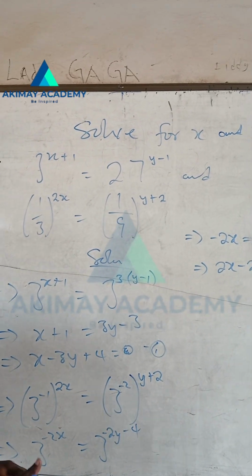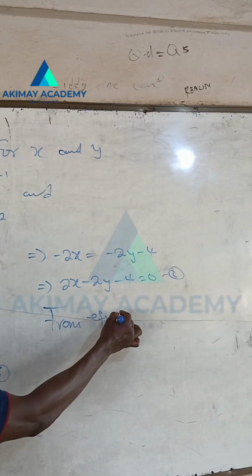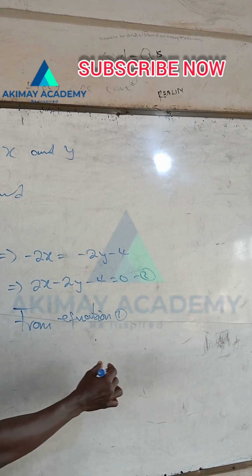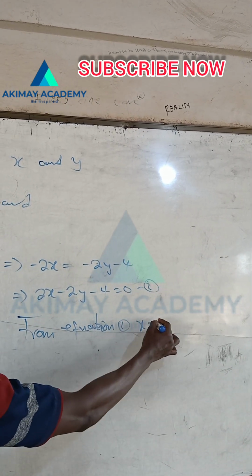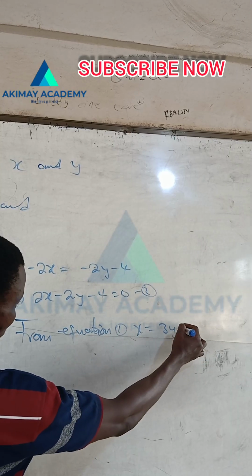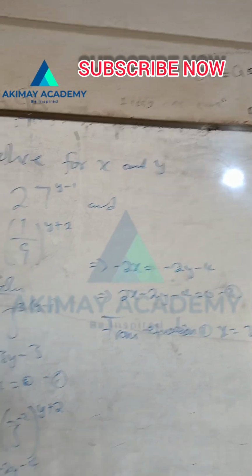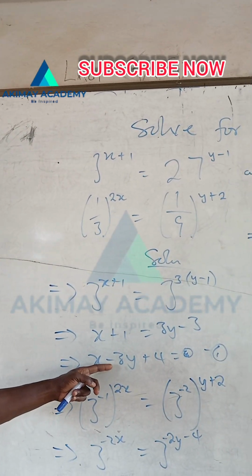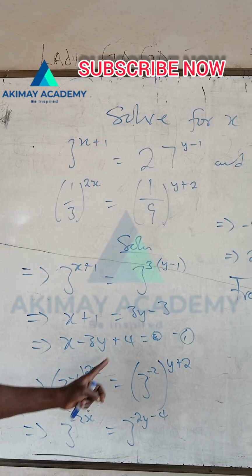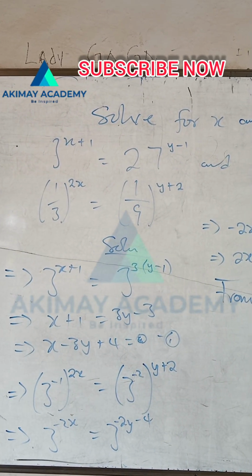So from equation 1, we have x to be equal to 3y minus 4. So from equation 1, we know that minus 3y is going to the other side of the equation, which will become positive. Then plus 4 is also moving, which will become minus 4.